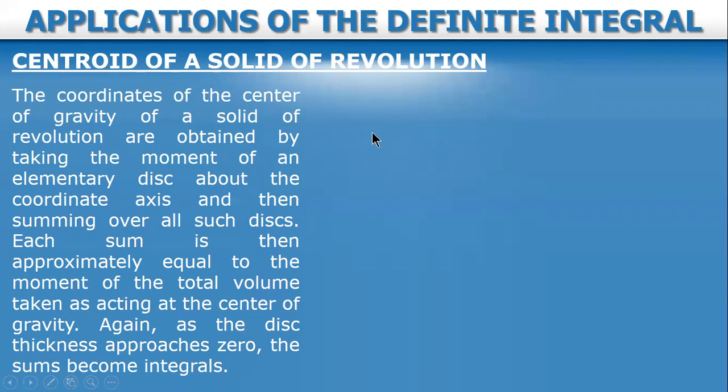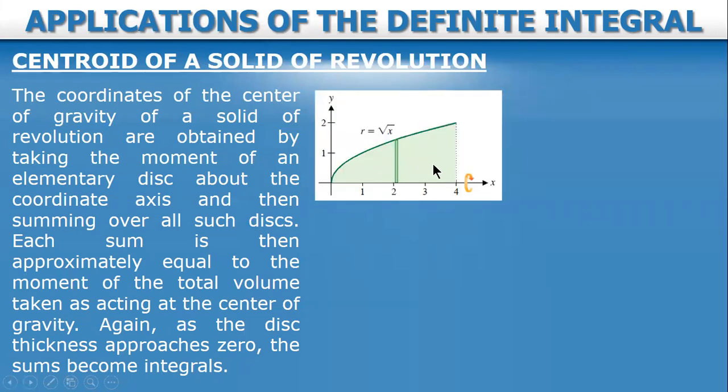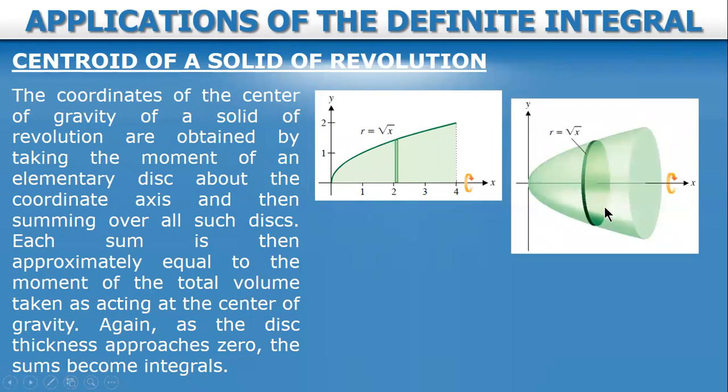So for example, we have this figure, and the region is revolved about the x-axis, and you will have this one. From a vertical rectangle, when revolved, you will get this disk. So in the solid of revolution, for each disk, we get the moment.